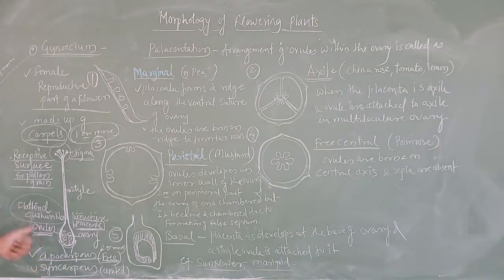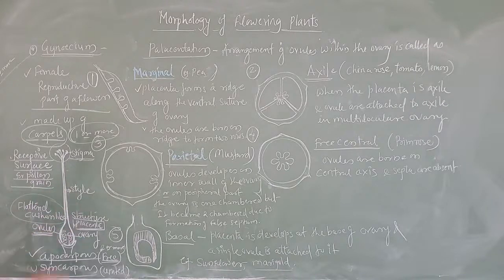Then in ovary you are going to get a flattened cushion-like structure called a placenta. On a placenta, ovules are arranged. If there are two or more carpels and those are free, we call that apocarpous. If the two or more carpels are united, that is called syncarpous.